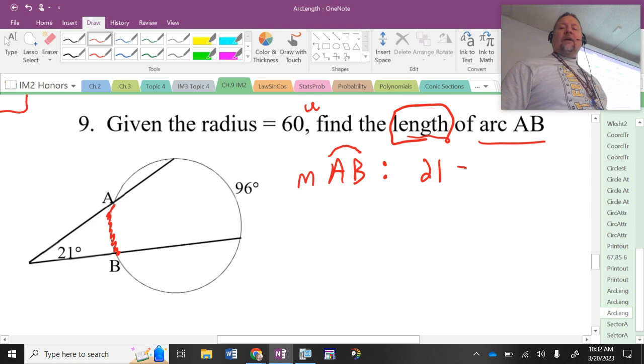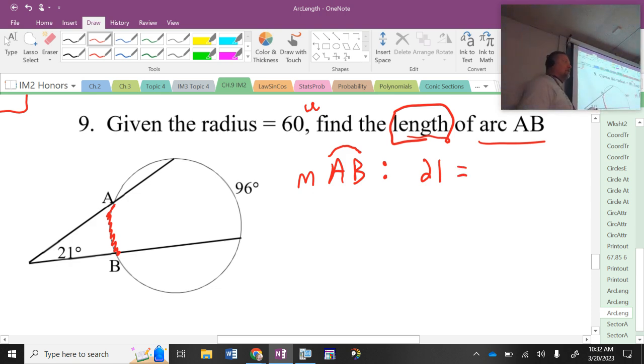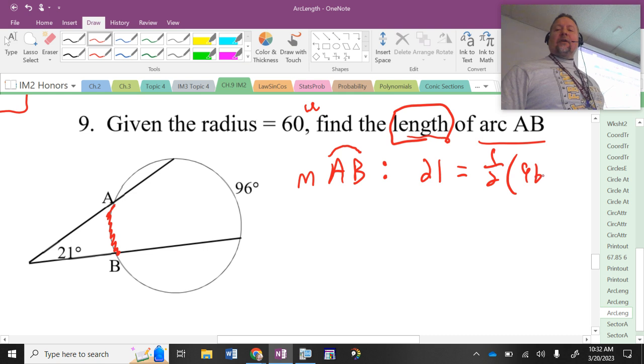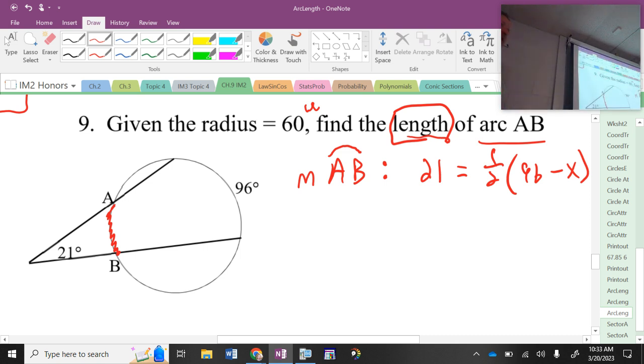The angle on the outside, which is a secant angle from last week, equals half big arc minus small. And I'm going to just put arc AB's measure as X. That's my unknown, what I need to find. Once I get that measure, then I can actually answer this question.